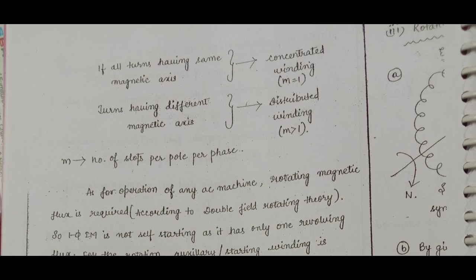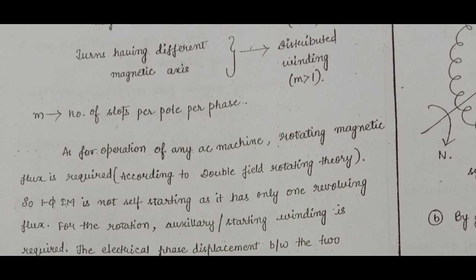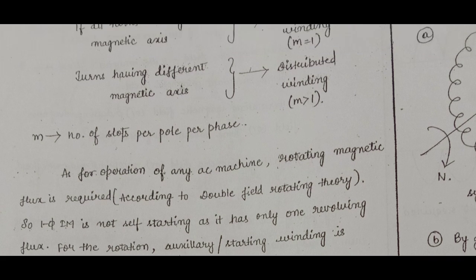If all the turns have the same magnetic axis, then it is called concentrated winding, and if turns have different magnetic axes, then it is called a distributed winding. In a DC machine the field winding is a concentrated winding because all turns have the same magnetic axis.